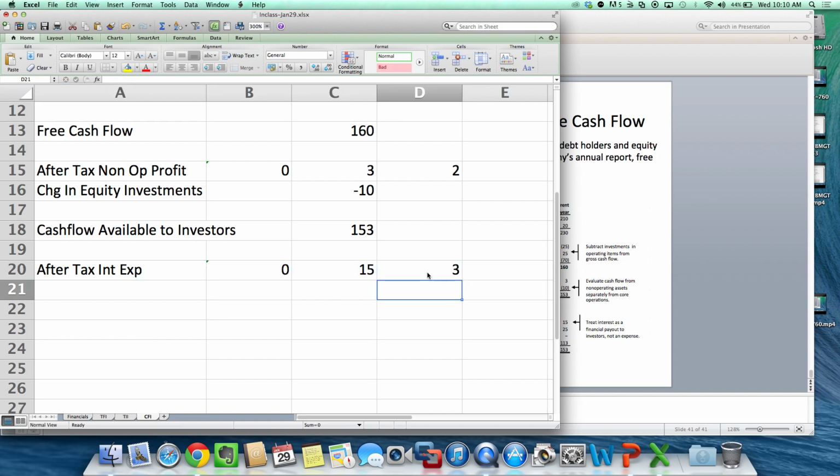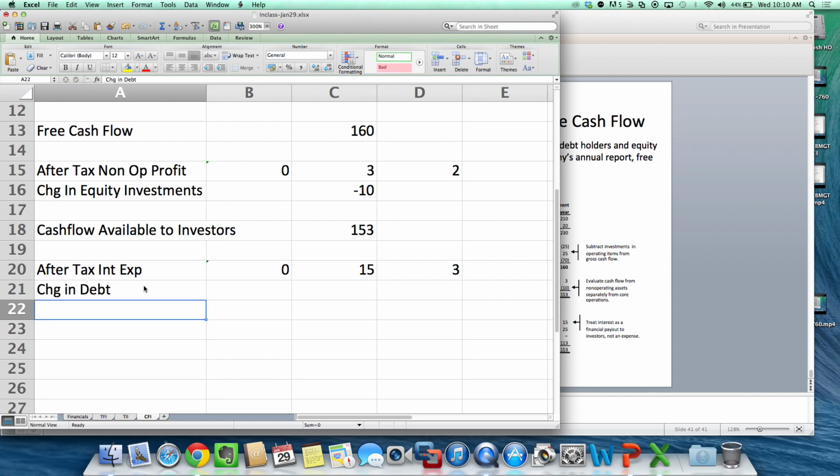Again, payouts are positive numbers on this statement as well, because I'm matching the cash flow available to investors. I have cash flow, I can pay out the cash flow. So that 153 positive becomes 153 positive. A debt payout to investors, interest expense, is a positive number on this side of the statement, just the convention of the statement. Then I have my change in my debt.